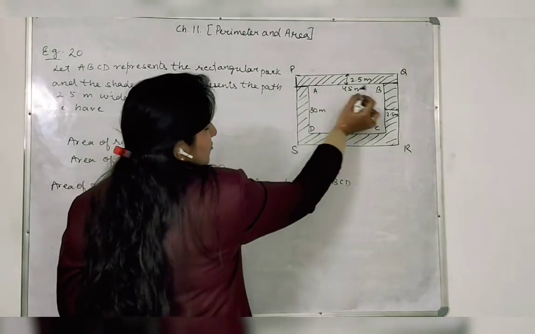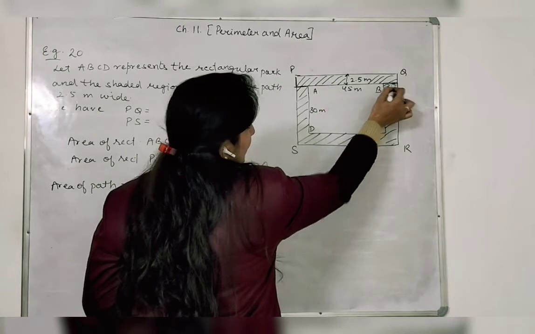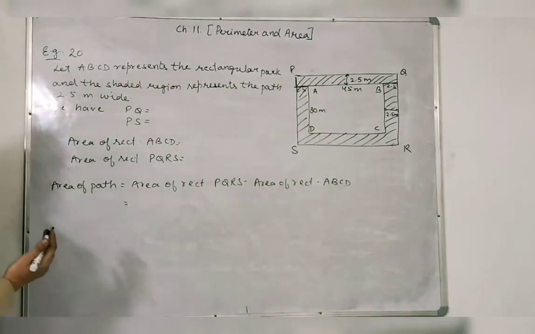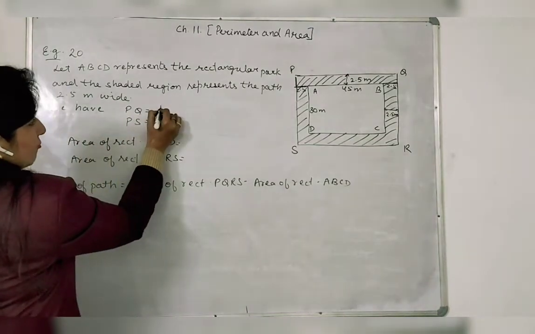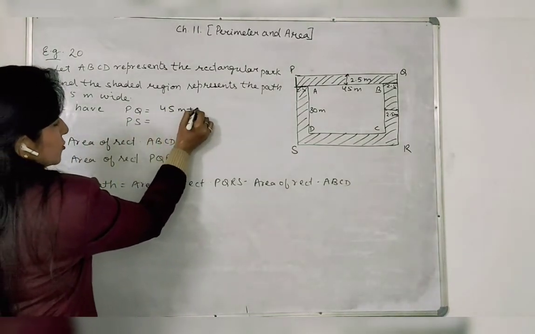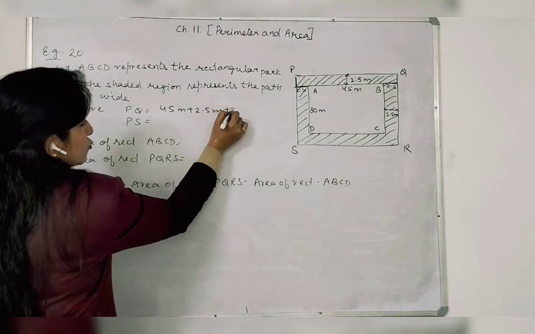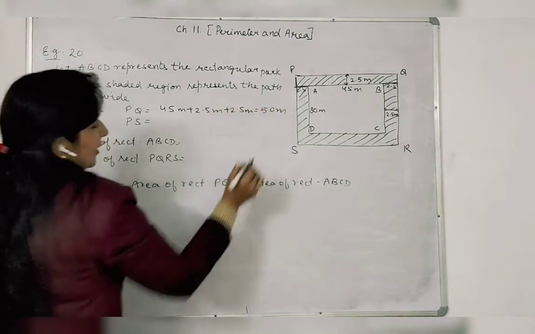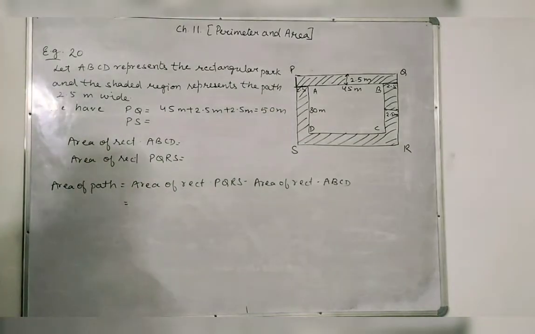So how many times do we have to add 2.5 to this 45? Two times, so that we can get the length of PQ. So PQ is 45 meter plus 2.5 meter plus 2.5 meter. So 50 meter will become the length of PQ.